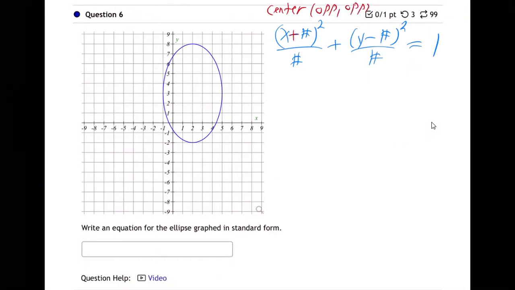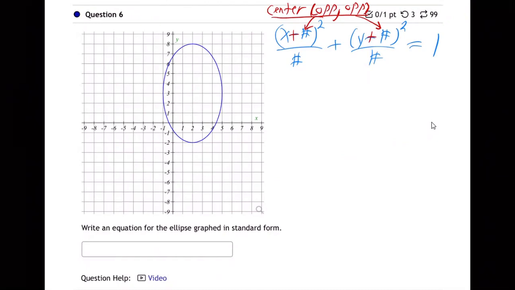Plus or minus, it's the opposite of whatever's next to x and y. That's the key to know, that the center is opposite, comma, opposite.